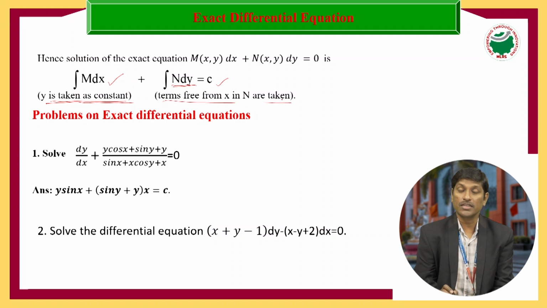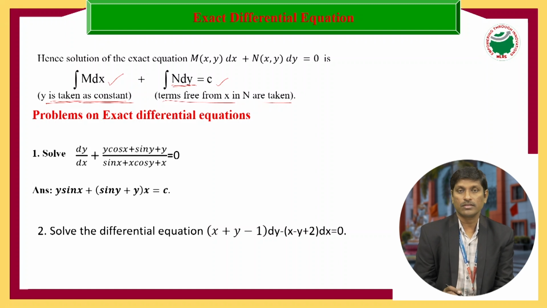While taking the terms from N here, we need to remove the terms which have x. Whatever terms are available without x, those terms only we have to choose as N. So here it is equal to c. So like this we need to write that. The solution is like this.